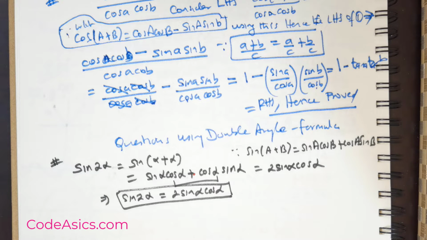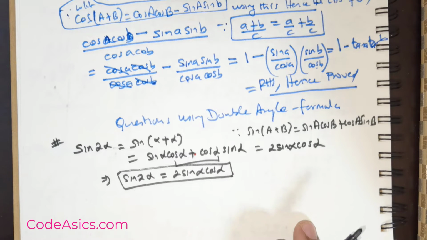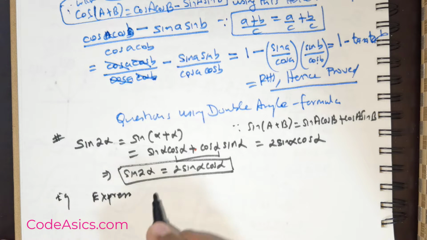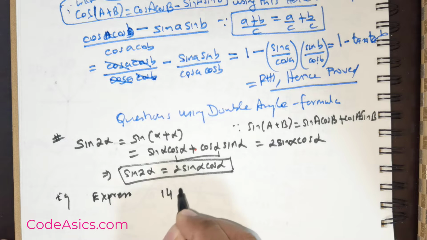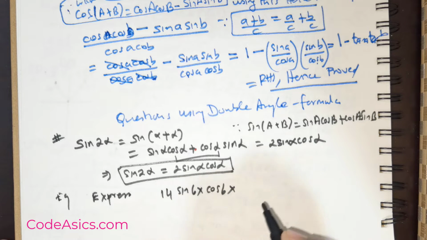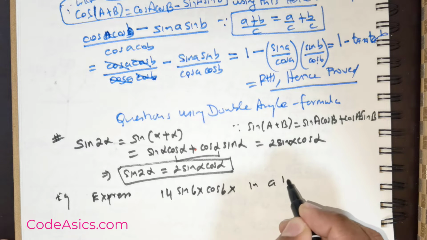Now, having got this, let me apply this identity in solving a simple question. This is an example. The question is: express 14 times sine 6x times cos 6x in a single term.